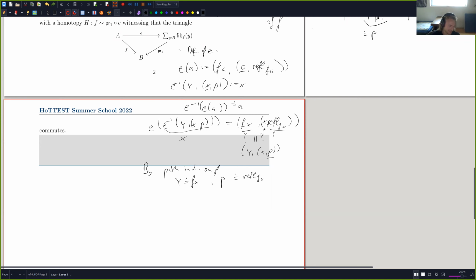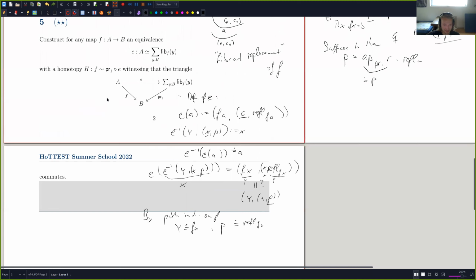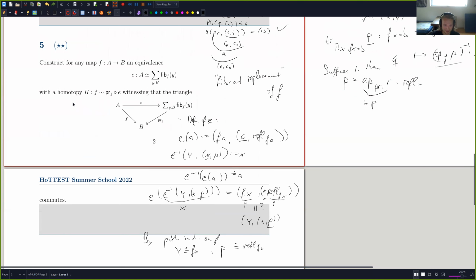Yeah, it's almost as simple. Okay, and of course, we still need to construct such a homotopy, witnessing that F is homotopic to the projection after E. But what is the projection of E of A?